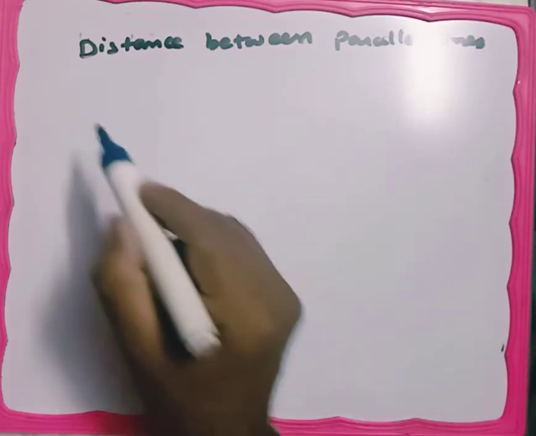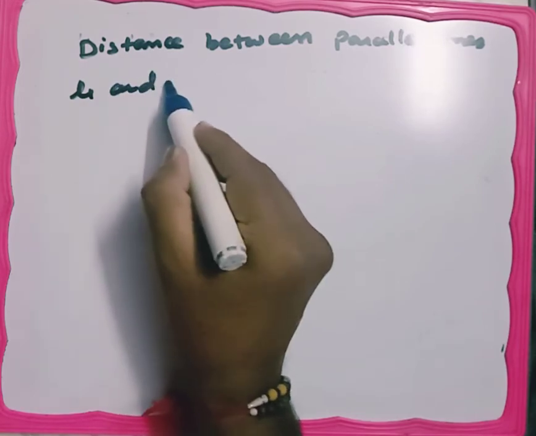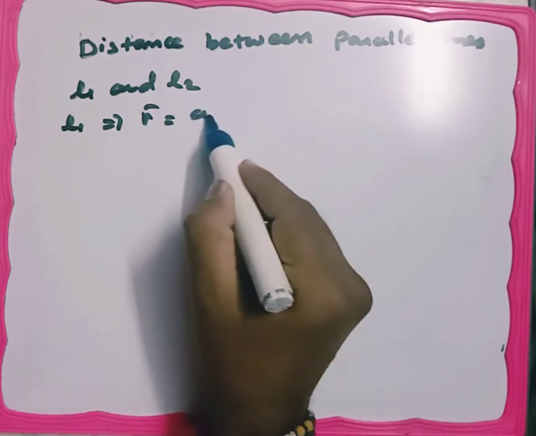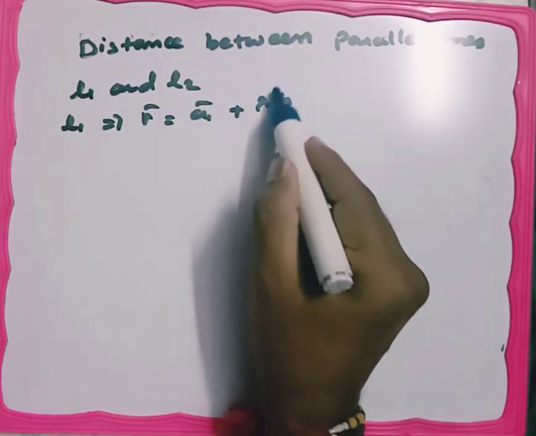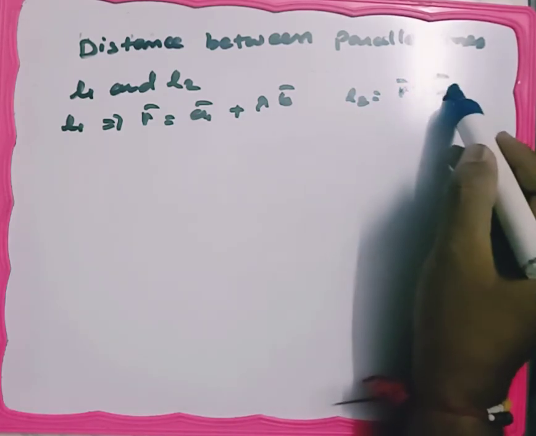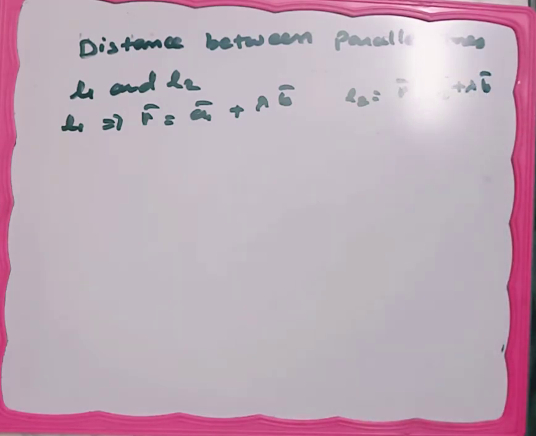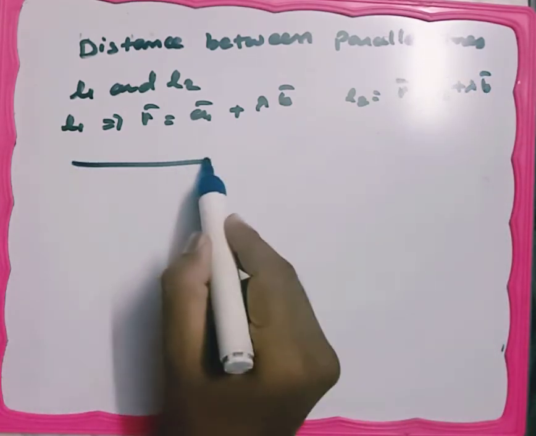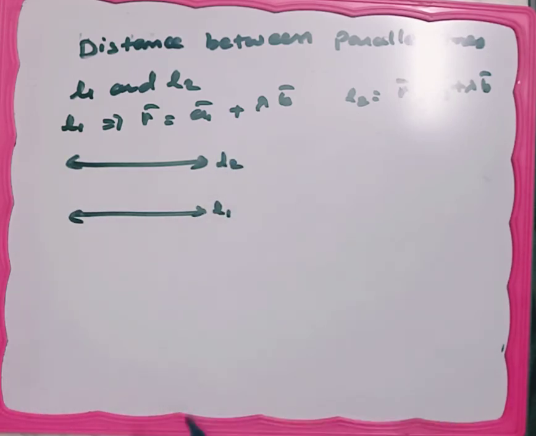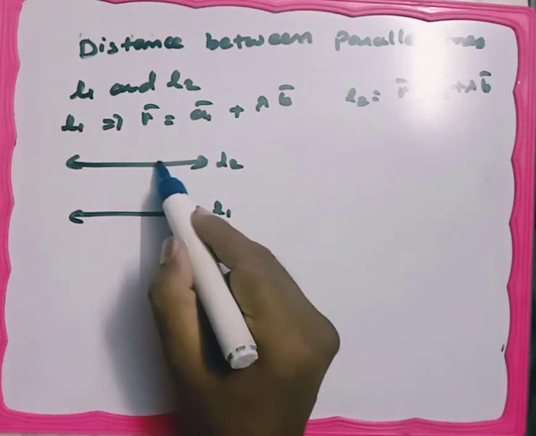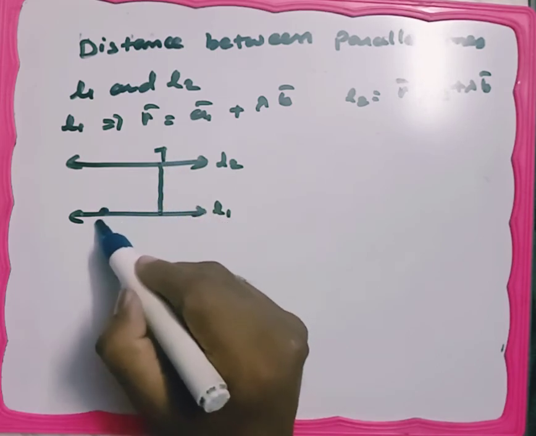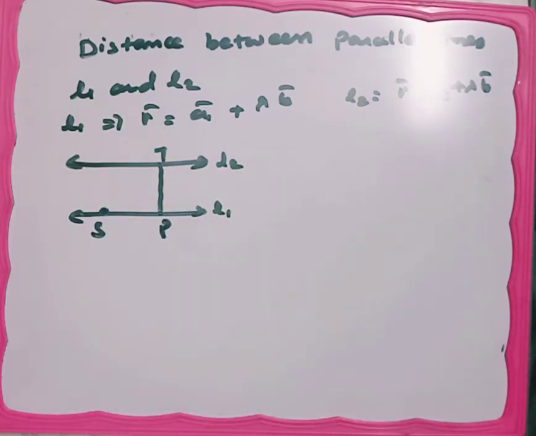So let L1 and L2 be parallel lines, with L1 vector form R bar equals A1 bar plus lambda B bar, and L2 form R bar equals A2 bar plus lambda B bar, because their directions are the same. Let T be any point on L2, S a point on L1, and PT the shortest distance between them.